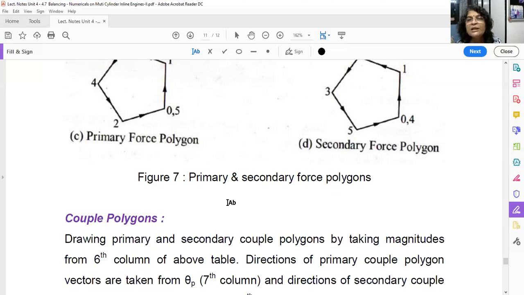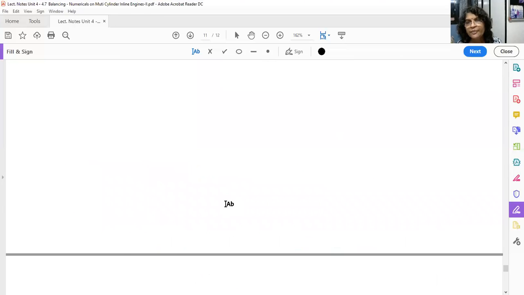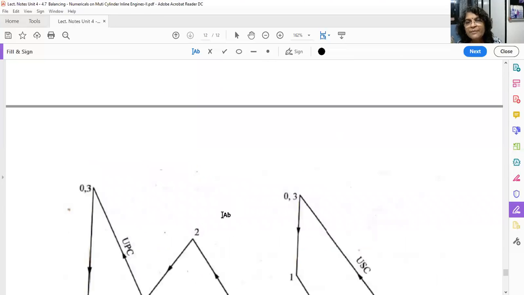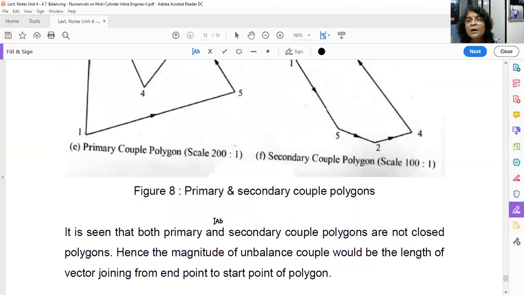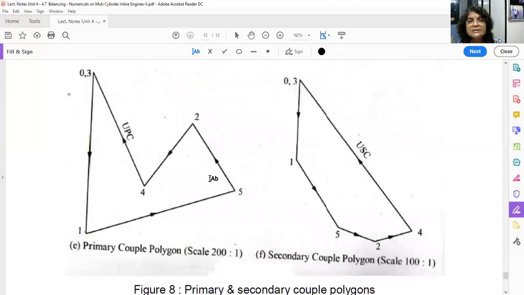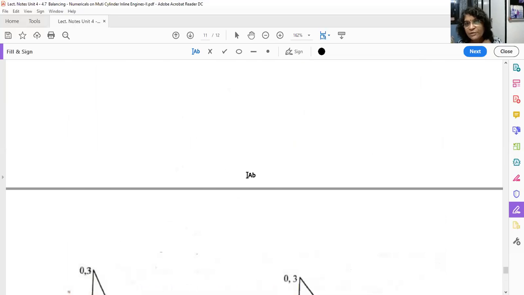Okay. Now let us go to the couple polygon. To draw this couple polygon, you have to refer to the primary. Let us draw this primary couple polygon. Okay. So starting from O, the initial point is O. First I have drawn O to 1. Why is it downward and what is the magnitude? So how to find out the magnitude?